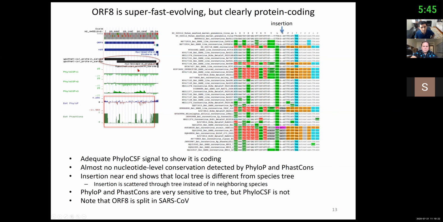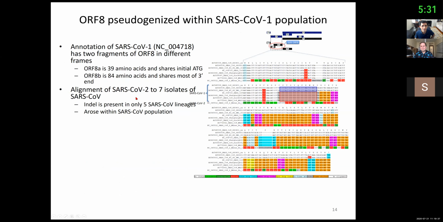It's as fast evolving or even faster than the S protein. So for those of you interested in figuring out sarbecovirus biology, adaptation, and how it's so successful, I think ORF8 is a very good candidate for functional studies.